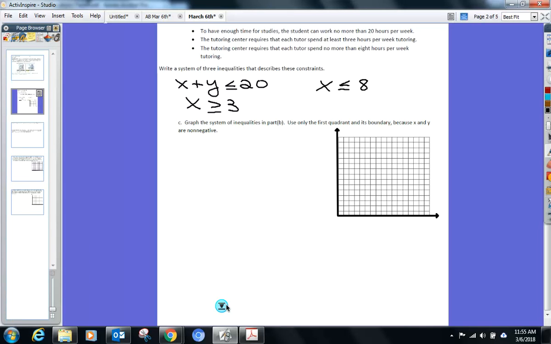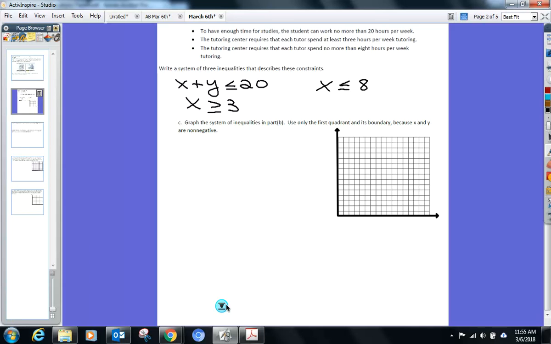Before you graph them, though, remember this is a 15 by 15 grid. You might want to make sure if you graph these using x-intercepts, that if it goes above 15, you need to adjust the scale. All right, so that's what I would find out first. Before you graph anything, determine all your intercepts.